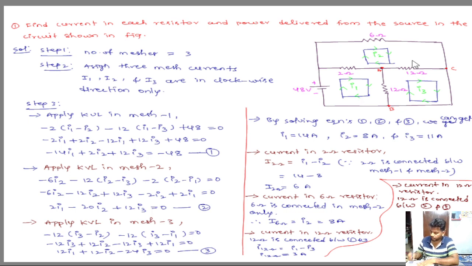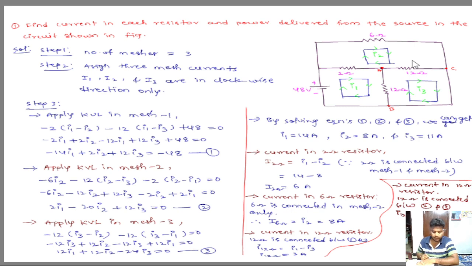Suppose this is point A and the current is towards the junction, and it is also I 12 ohms. It is I3 minus I2.